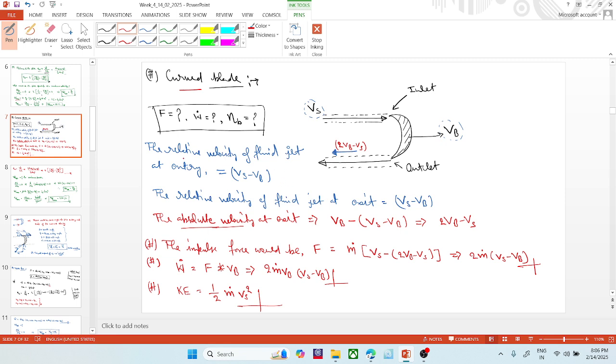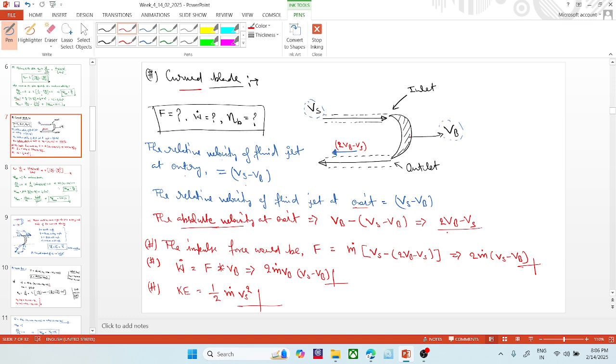So here the relative velocity of the fluid jet at the entry would be Vs minus Vb. Actually, we are sitting on this blade, and from there we are observing the relative velocity. Similarly, the relative velocity of the fluid jet at exit would be Vs minus Vb. When we talk about the absolute velocity of the jet, then it would be Vb minus (Vs minus Vb).